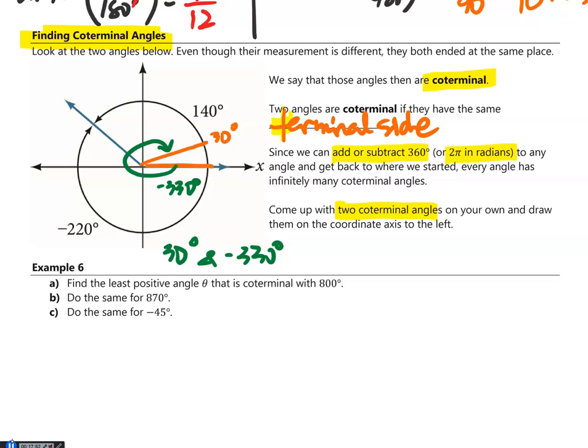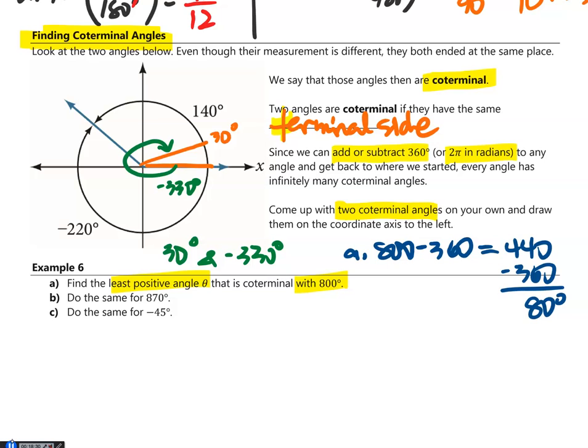Okay, so example 6, find the least positive angle that is coterminal with 800. So the easiest way to do this for letter A is, given 800, you just have to subtract 360, and 800 minus 360 is 440. Again, we can subtract 360, and 440 minus 360 is 80 degrees.